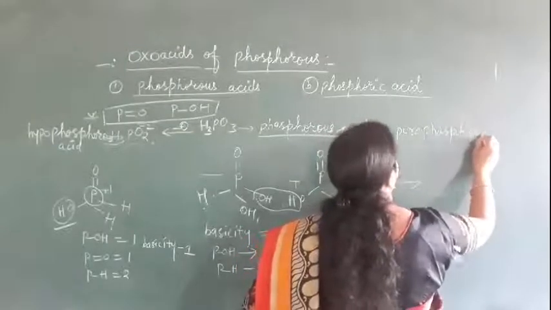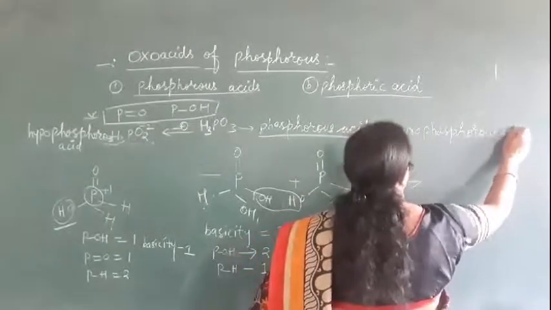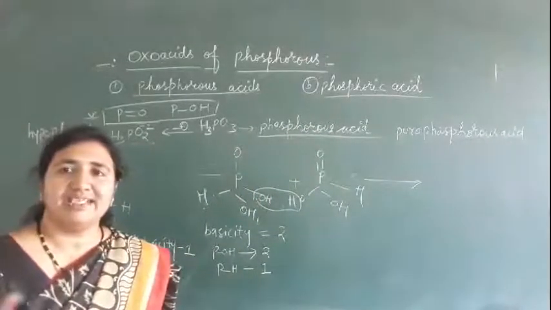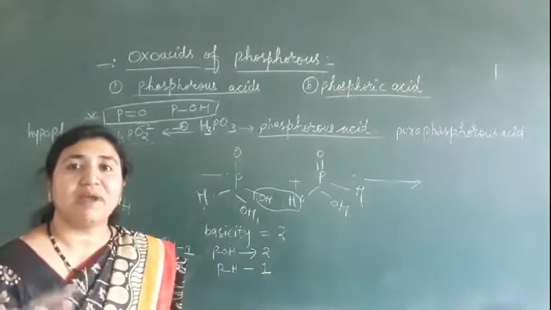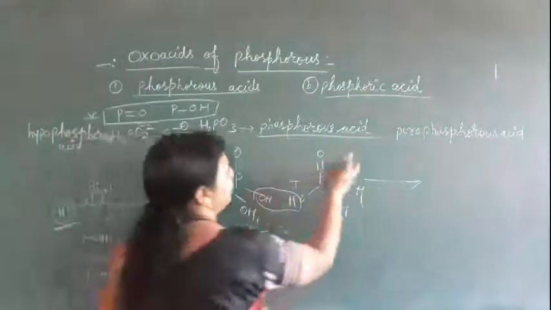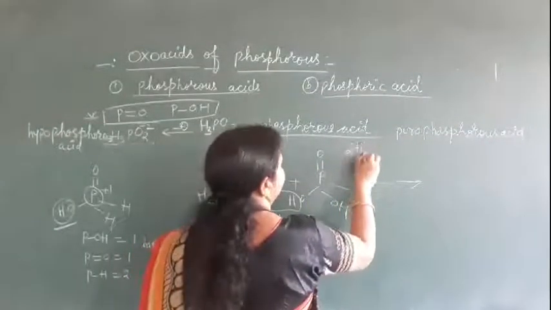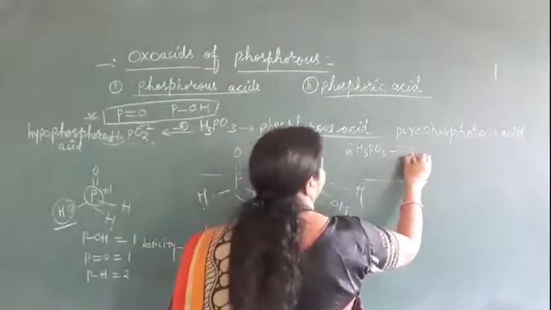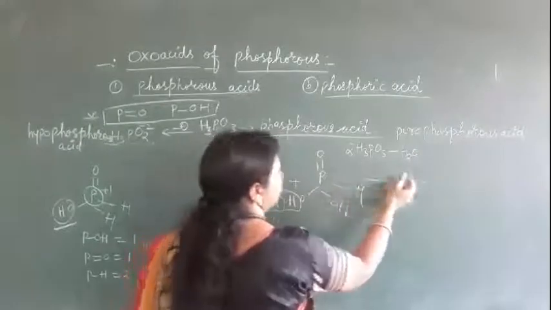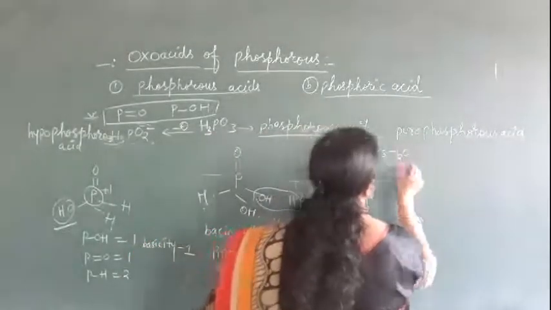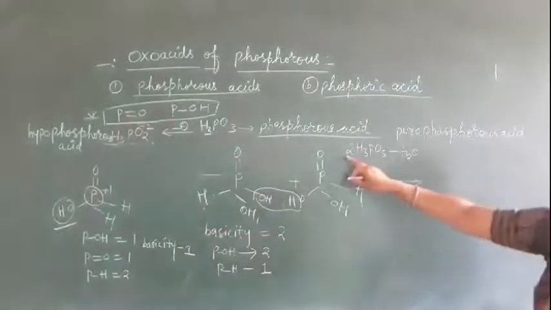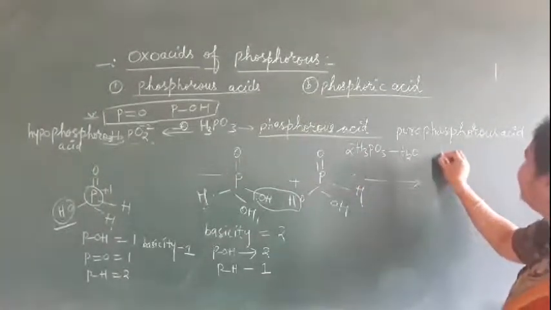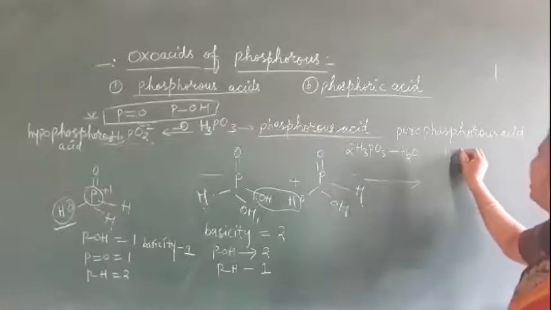Pyrophosphorus acid. H3PO3, H3PO3. Then what you have to do? Minus H2O. So 2H3PO3 minus H2O, what will we get? If we remove only the water molecule, 2 3s are 6 hydrogens we have here, so 2 hydrogens less, then it is 4.